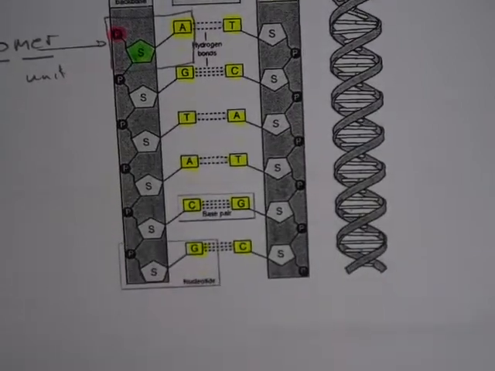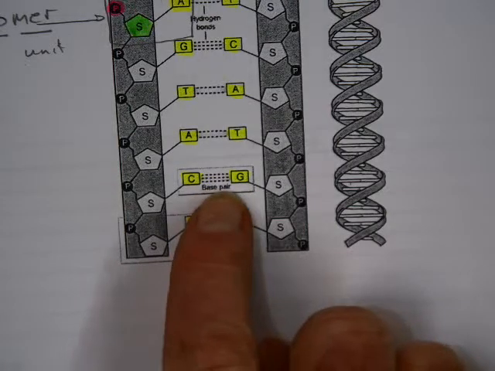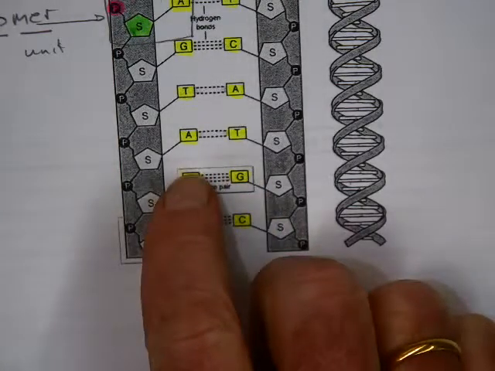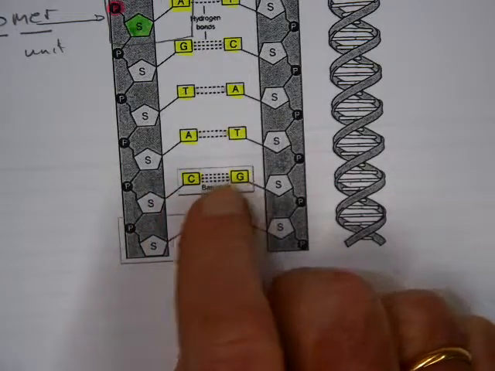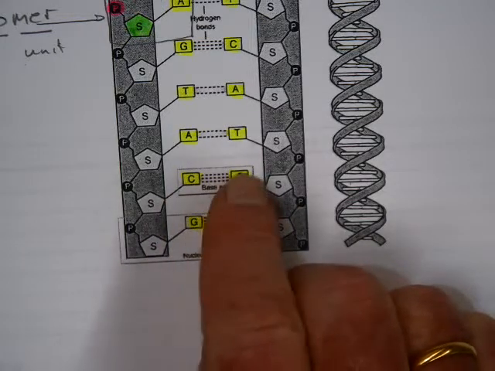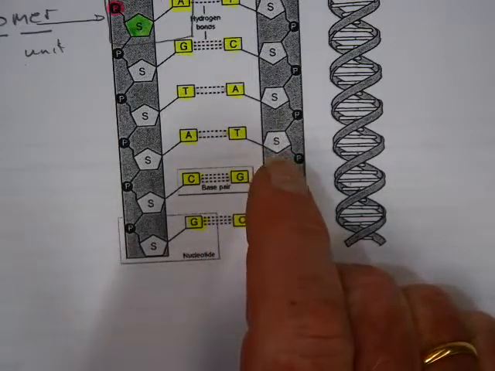Now you also notice that there's something kind of interesting down here. And when we talk about each one is a nitrogen base, because cytosine always bonds with guanine, we consider these a base pair. Okay, we call these a base pair. Adenine, thymine are another base pair.